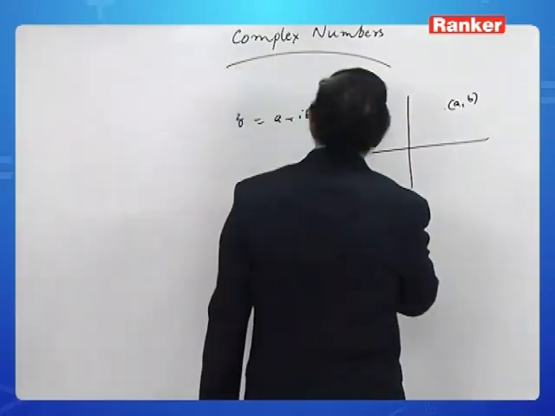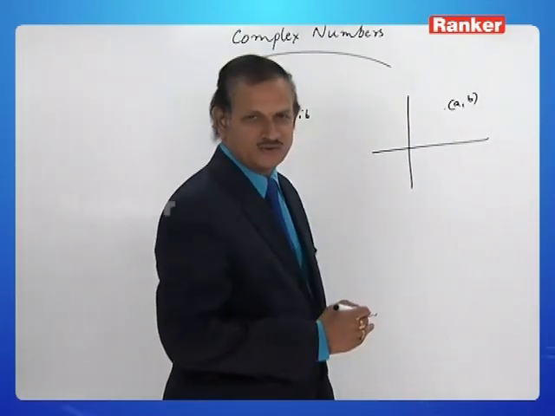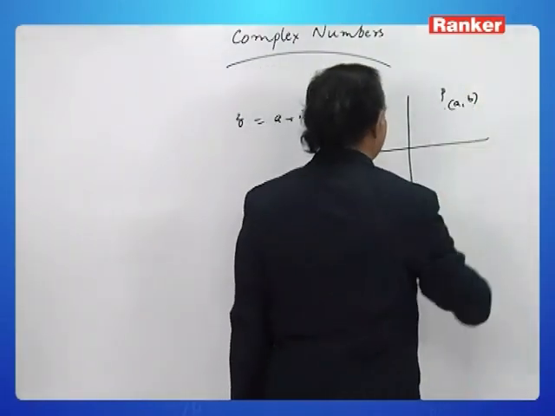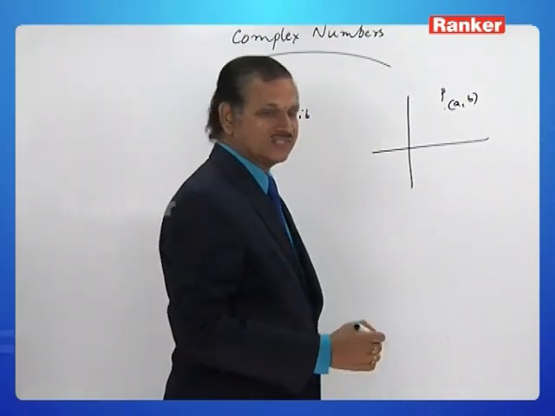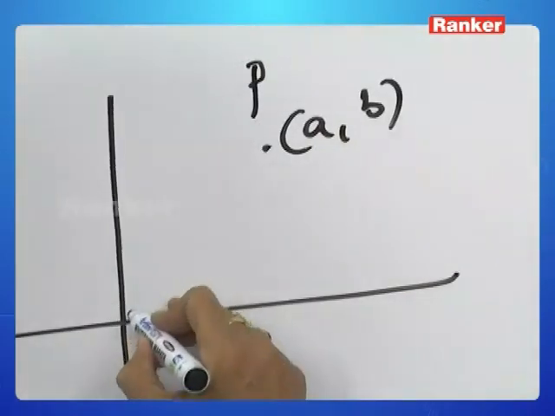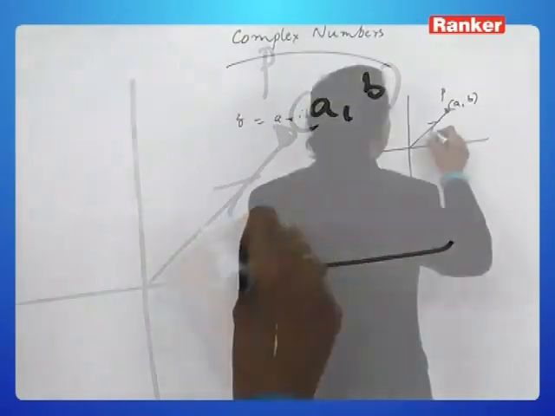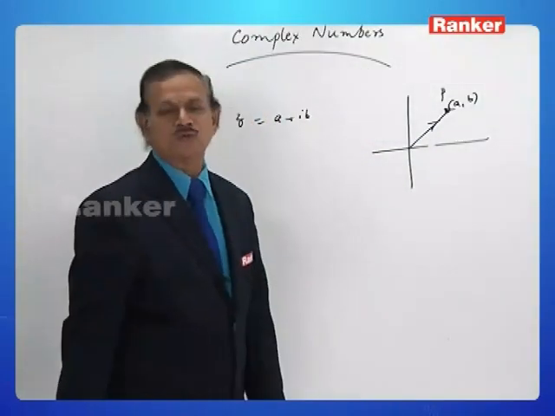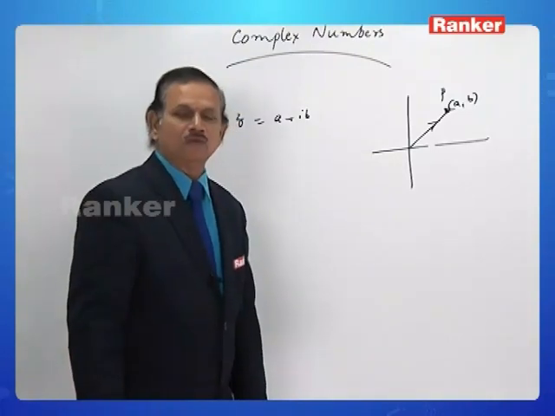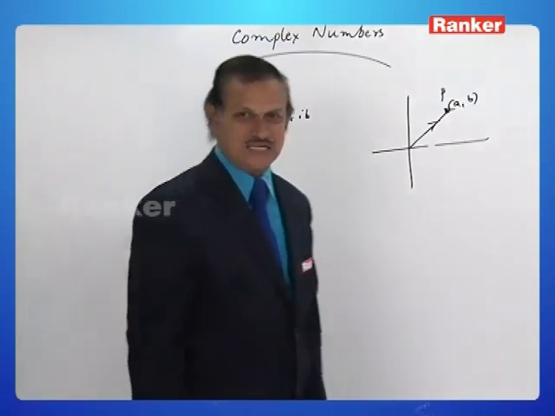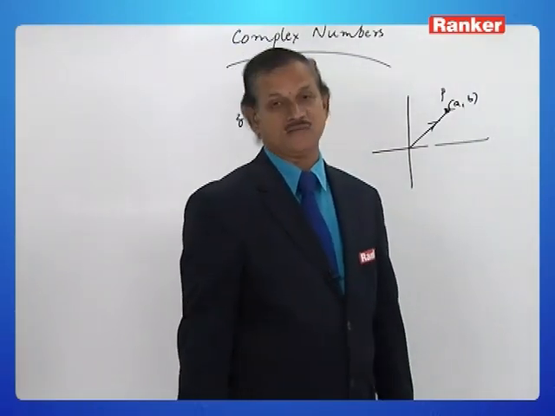Right. Moreover, the complex number z is equal to a plus ib, if it takes the form of a point in the coordinate plane, is generally considered synonymous with the vector OP bar. So, those concepts of vector algebra can also be used here in terms of complex numbers.